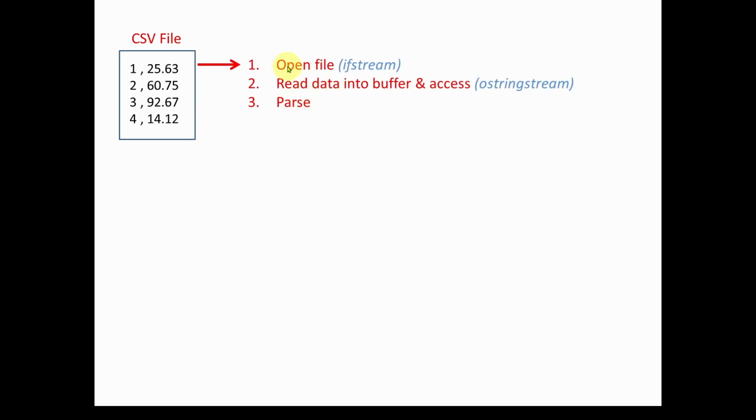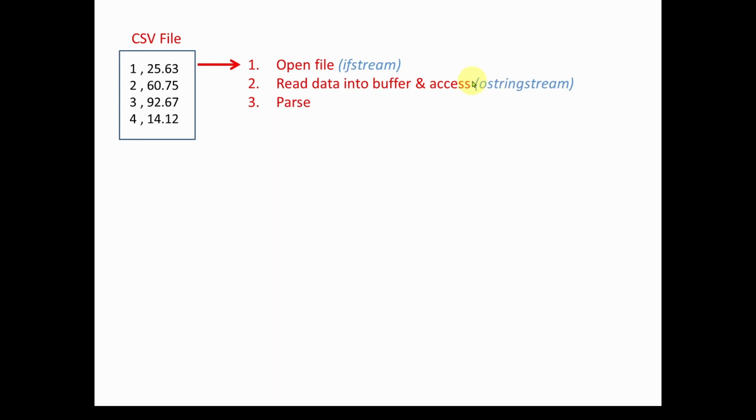In C++, the way that you open a file and access it is called ifstream, input file stream. And stream is kind of like a buffer of data. So we're going to have an input file stream that opens and accesses the file, and then we need to read it into a buffer.